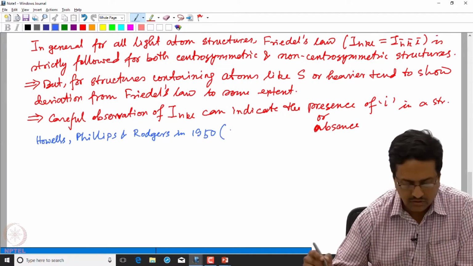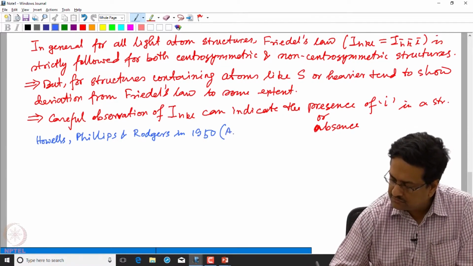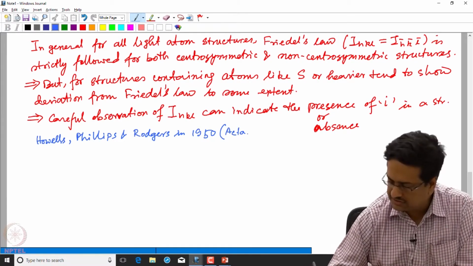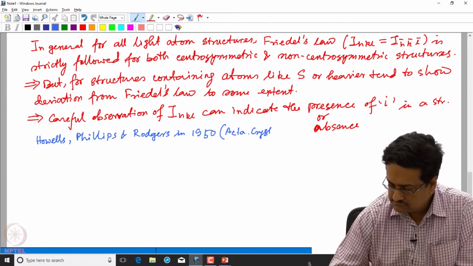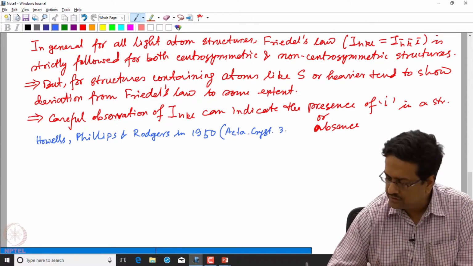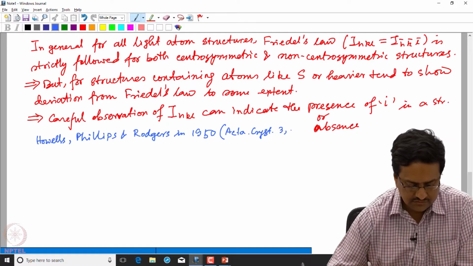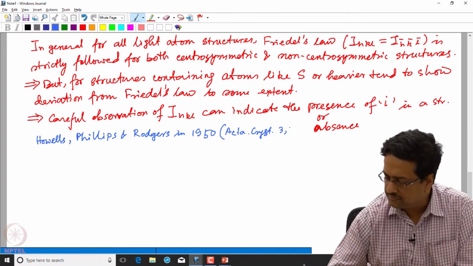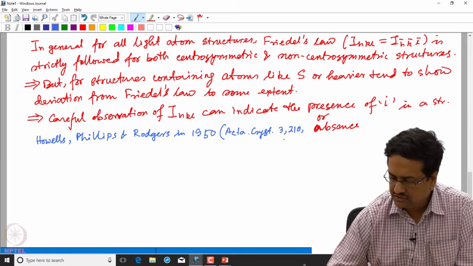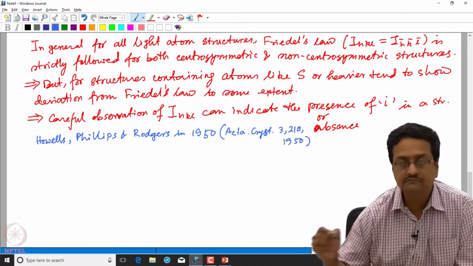It was introduced in Acta Crystallographica, volume 3, page number 210, year 1950.